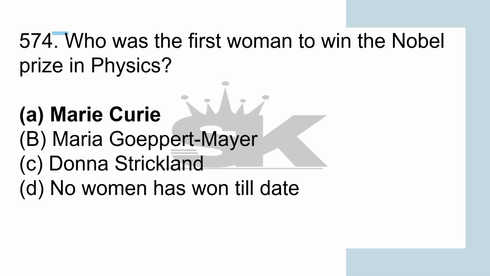Curie is also the only woman to have won multiple Nobel Prizes. In 1911, she won the Nobel Prize in Chemistry. 1903 and 1911: this one is chemistry, and this one is for physics.